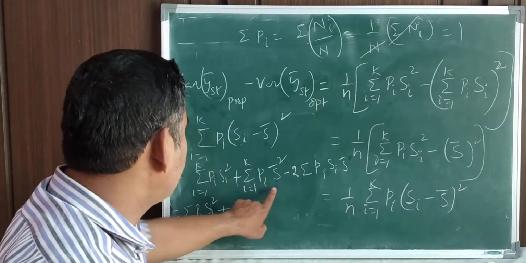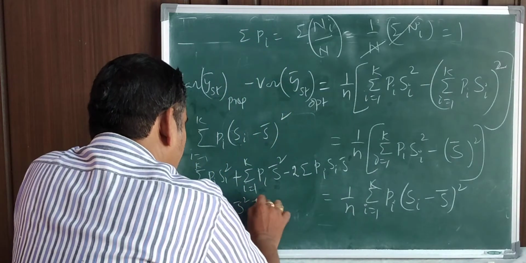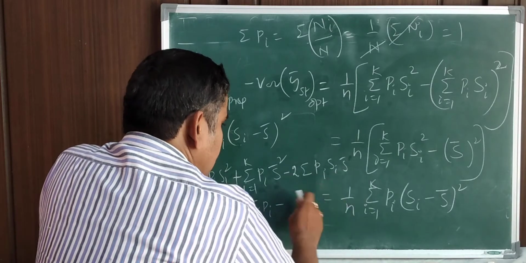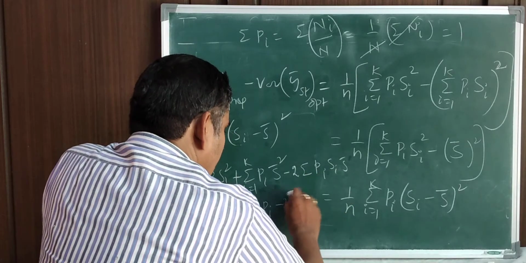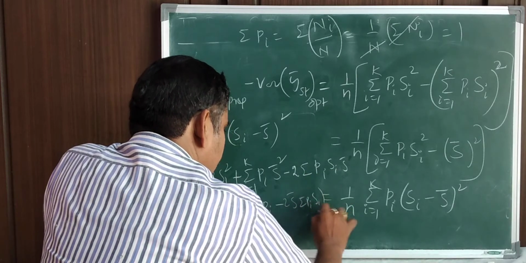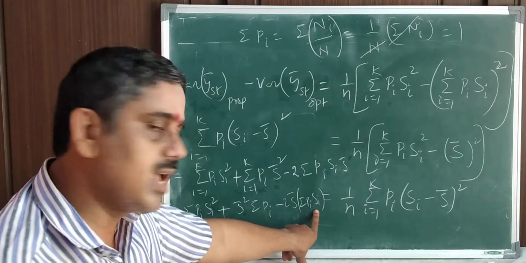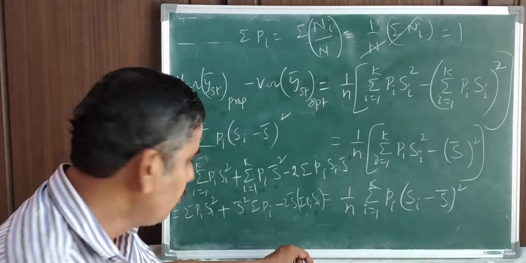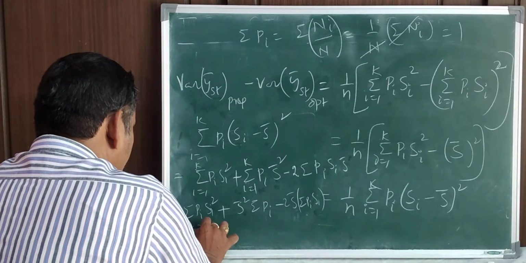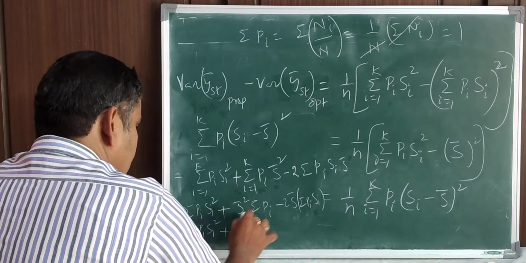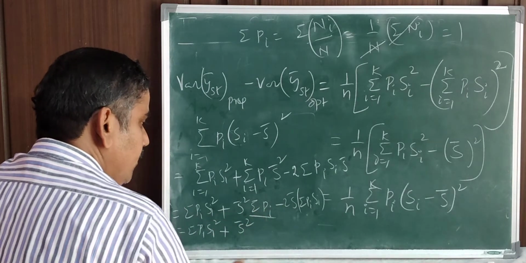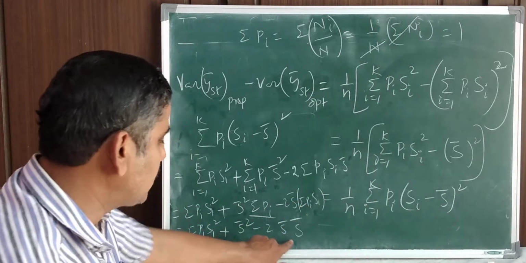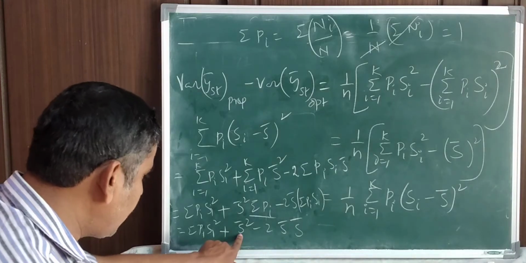So therefore s bar square into summation pi, which is 1, minus 2 into s bar, which we can take outside, multiplied by summation pi si. What we have considered, summation pi si, is s bar. So hence it is summation pi si square plus s bar square, this is 1, minus 2 s bar into s bar, minus 2 s bar square plus s bar square.